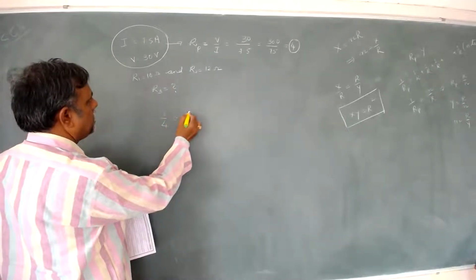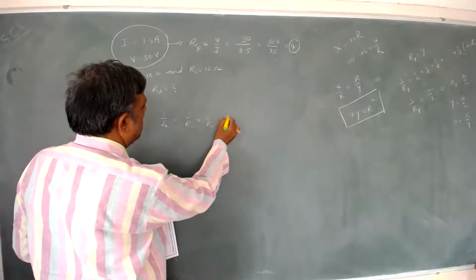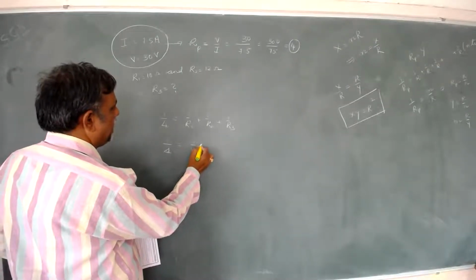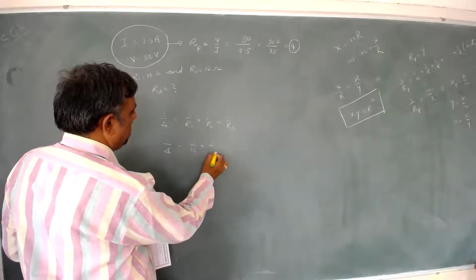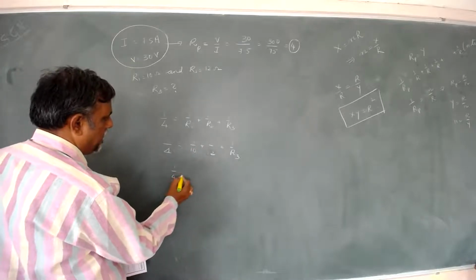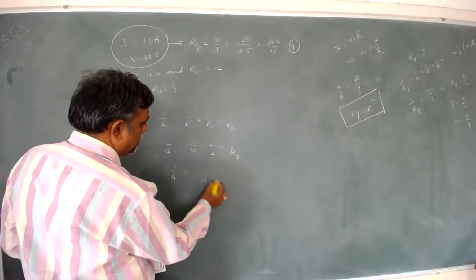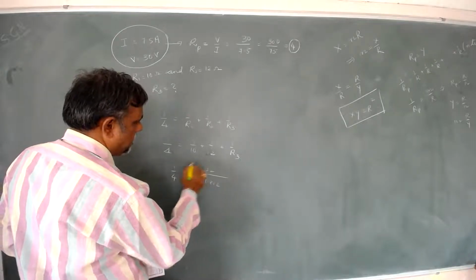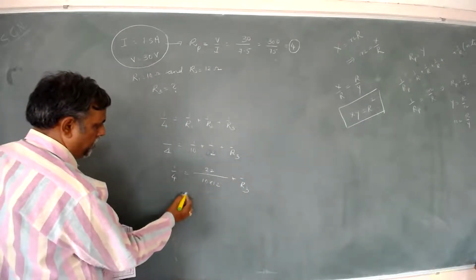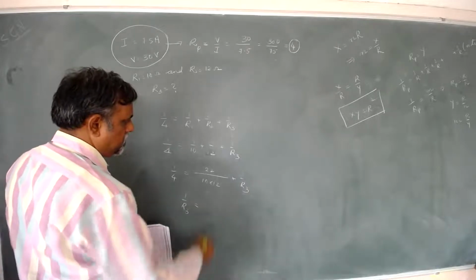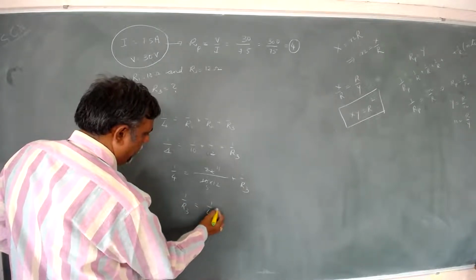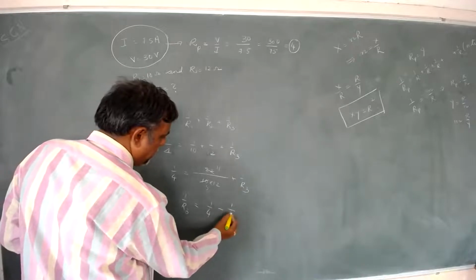Now 1 by 4 is equal to 1 by 10 plus 1 by 12 plus 1 by R3. So 1 by R3 is equal to 1 by 4 minus 11 by 60.